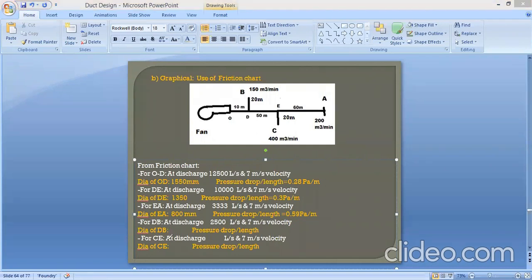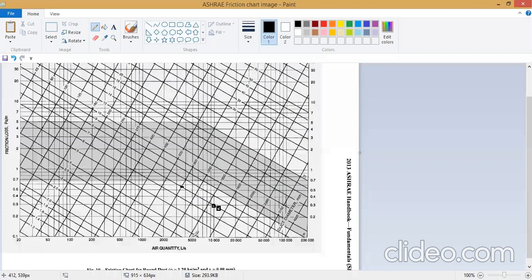So 2,500 is somewhere here, and 7 meter per second velocity. That comes to be 0.69.